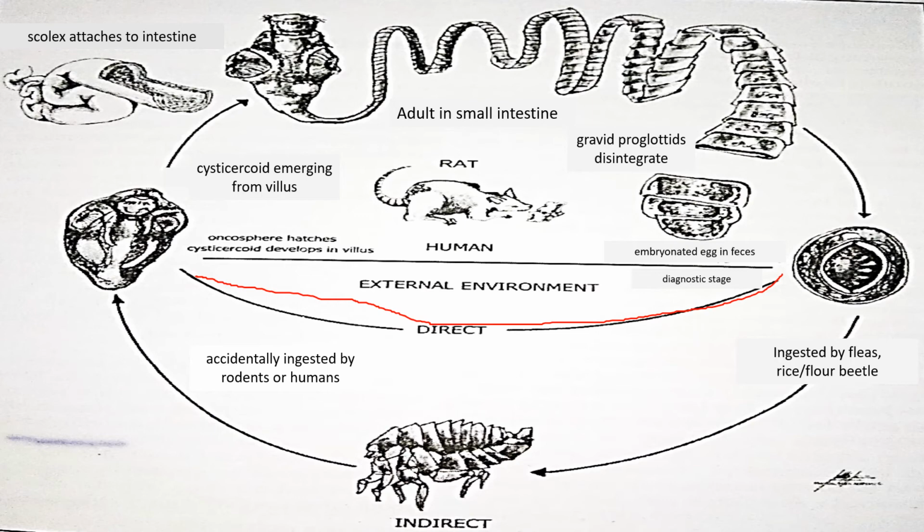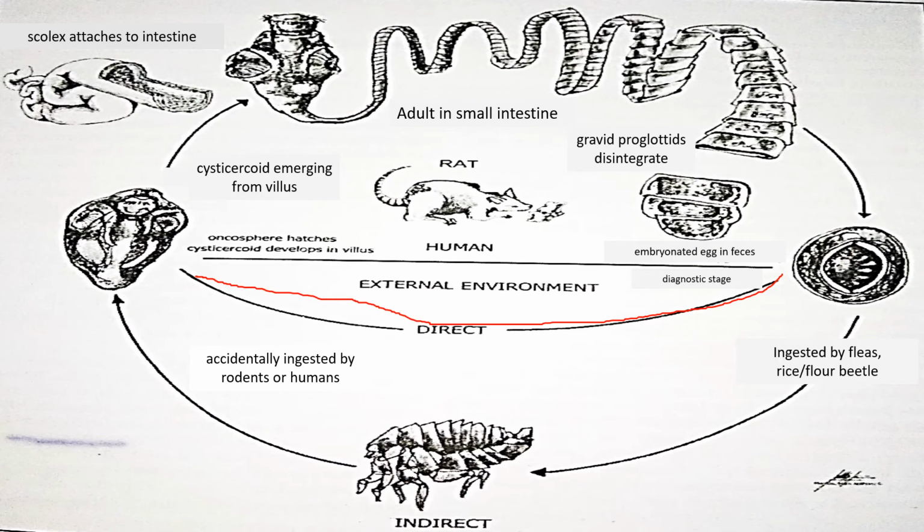Once ma-ingest mo siya, ma-liberate ang embryo and develop into infective cysticercoid larvae. Once sulod sa imong intestine, it will develop into adult. Auto-infection can occur through fecal-oral route or within the small bowel.